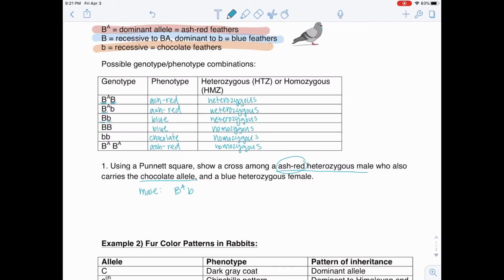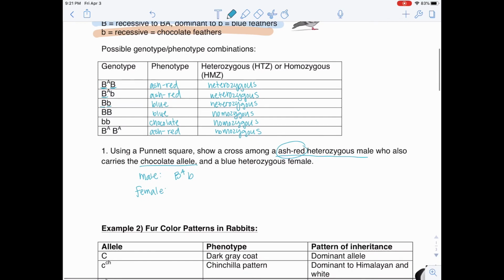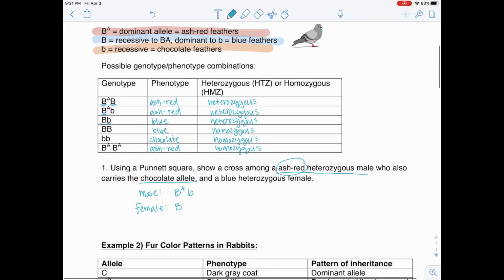And the female is a blue heterozygous female, so she will have big B for the dominant allele and small b for the recessive allele because she's heterozygous.